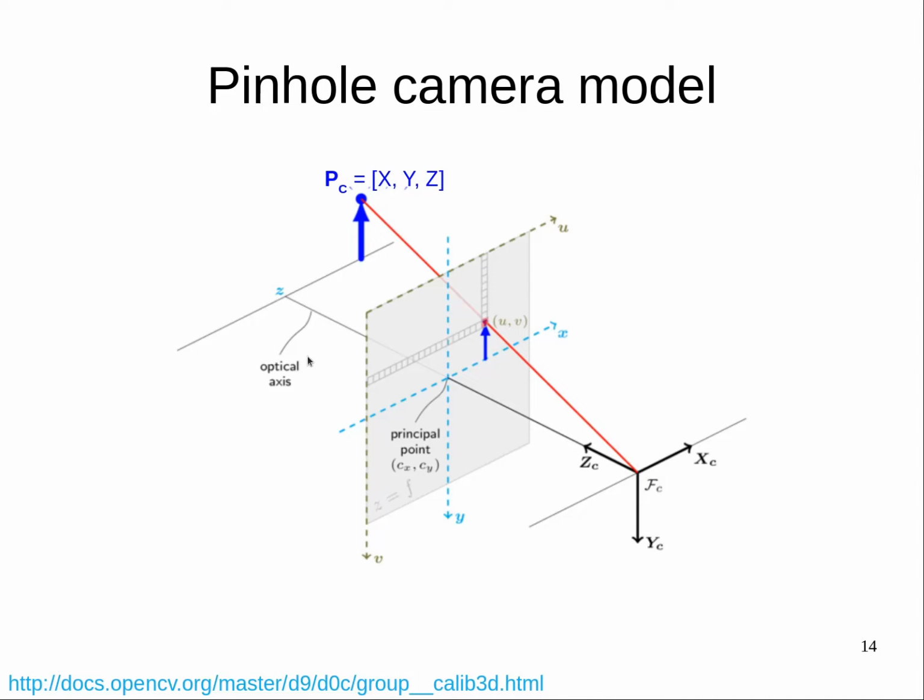And now we want to derive the mathematical equation of the ray. The ray is this red line in here, and it connects any 3D world point in camera coordinate space, like here, to the origin of the camera coordinate system.